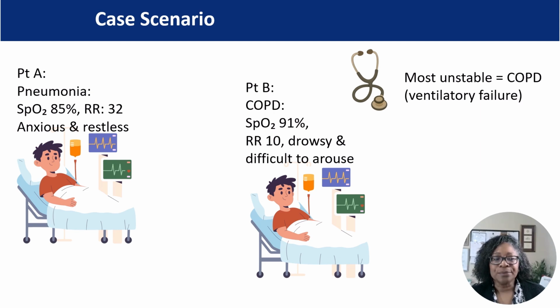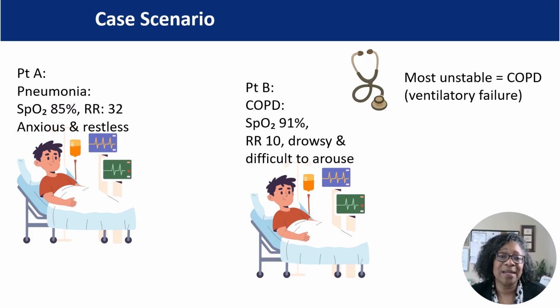Now, which patient would be most concerning? A lot of students, if they're rushing and not really thinking it through, are going to pick A because they're going to focus on that 85% SpO2, right? But patient B is actually in a more dangerous state, because they're hypoventilating.